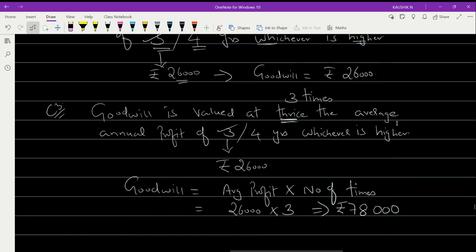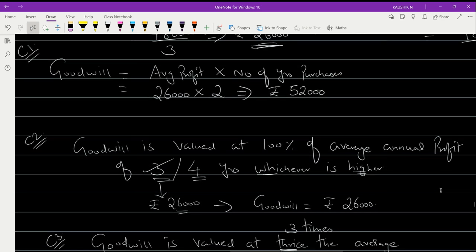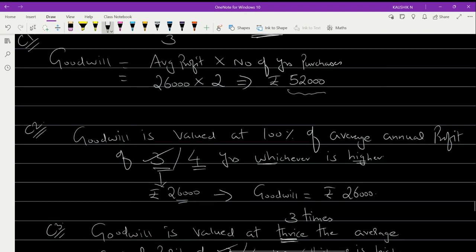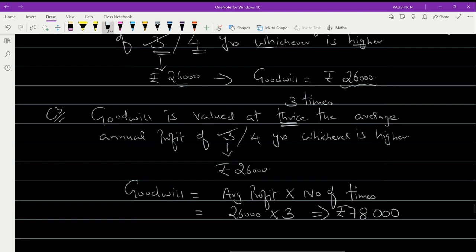If you look at the three cases, in the first case the goodwill value is 52,000. In the second case, the goodwill value is only 26,000. Whereas in the third case, the goodwill value is rupees 78,000.